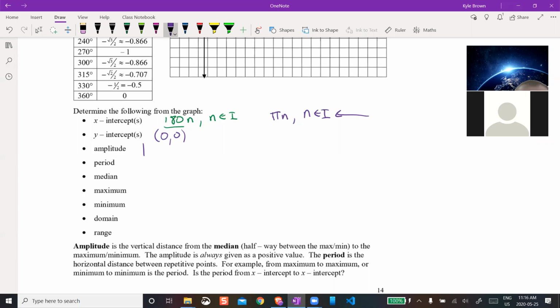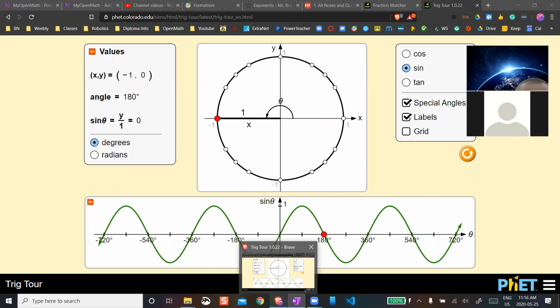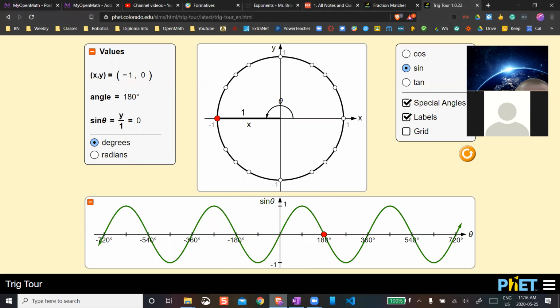Okay, the period. So remember what period is. We look back at our graph there. The period is how far do we go along the x-axis before the pattern repeats. Let's say we started right there, right? How long until the wave looks the same again? How long until the pattern repeats?